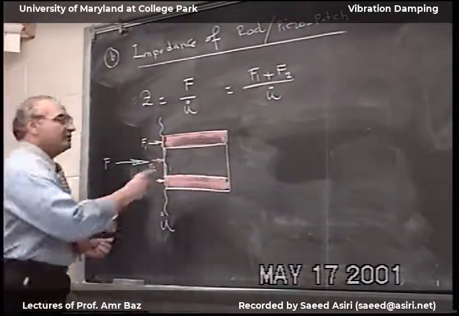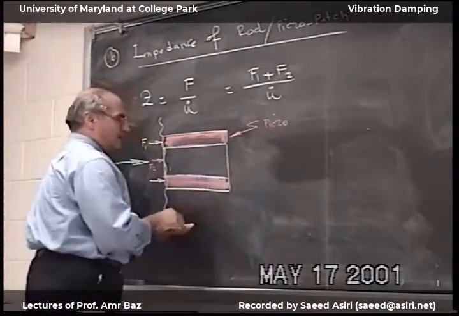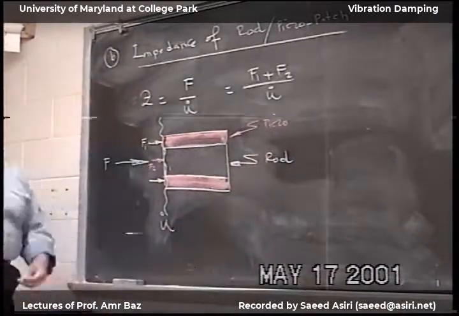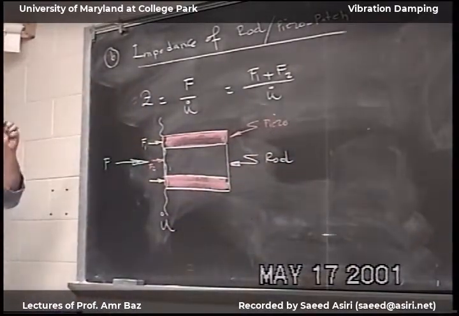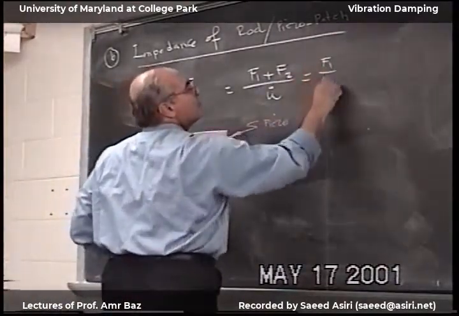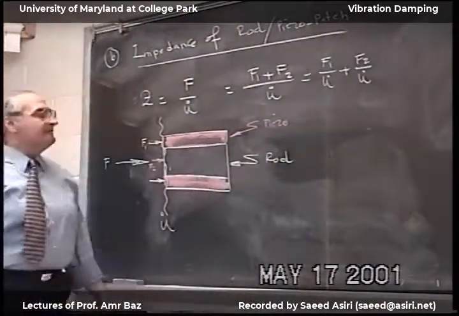This is the piezo, and this is the base rod. So now I break this down to two pieces, F1 over U dot, F2 over U dot.